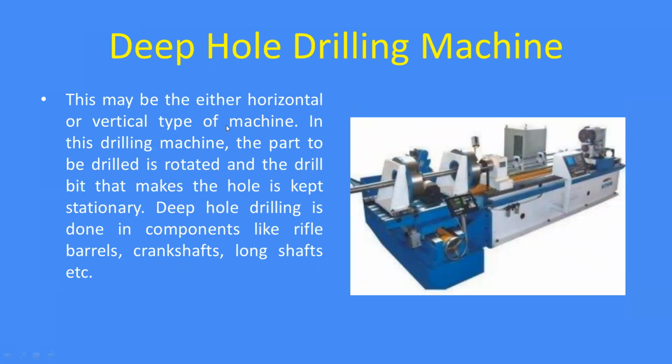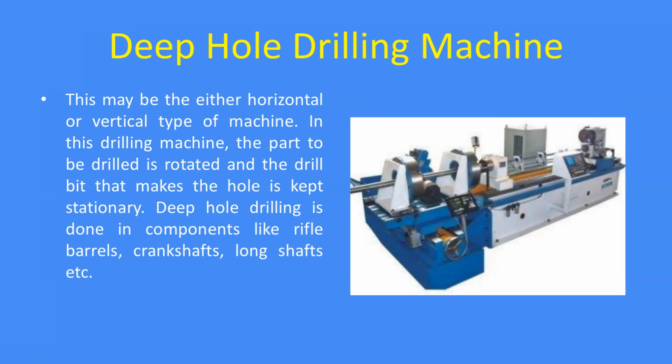Next one is the deep hole drilling machine. This type may be either a horizontal or vertical type of machine, and in this drilling machine, the part to be drilled is rotated, and the drill bit that makes the hole is kept stationary.